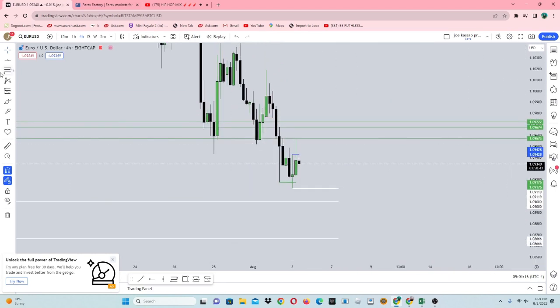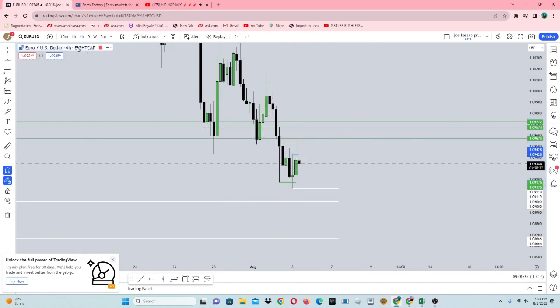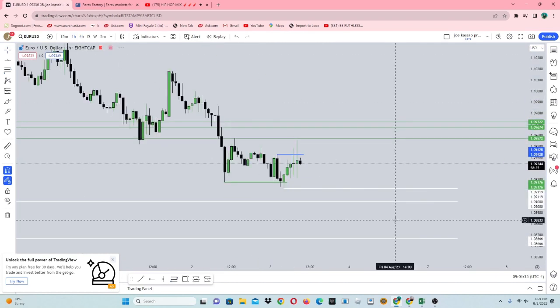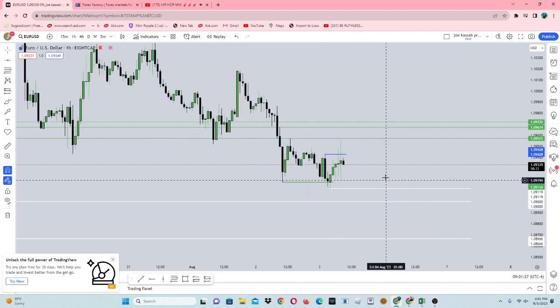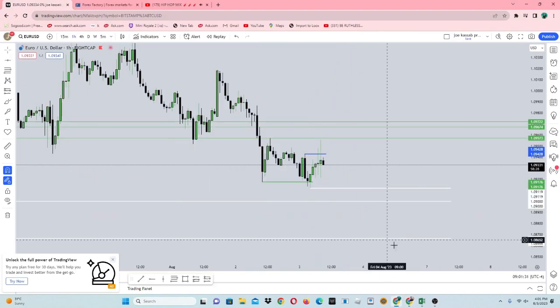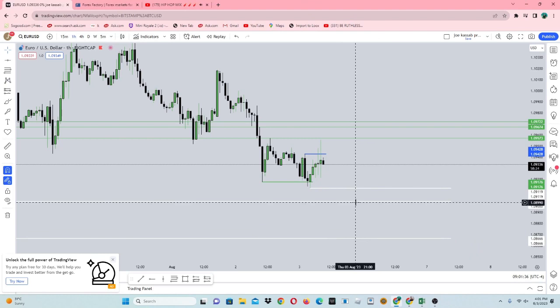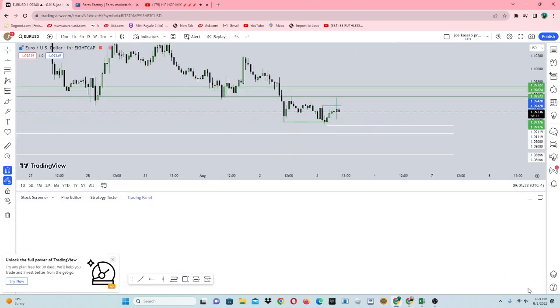But we did not go into the 50% retracement area, so I don't think I will be taking a trade today. And Friday, I don't take trades on Friday, so I think I will call it a week.